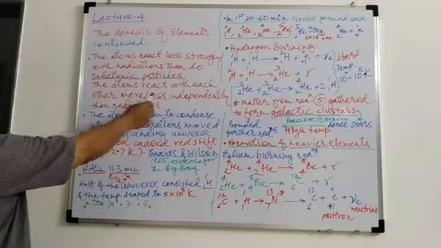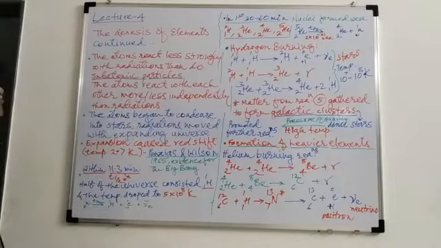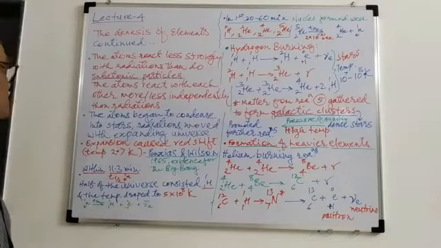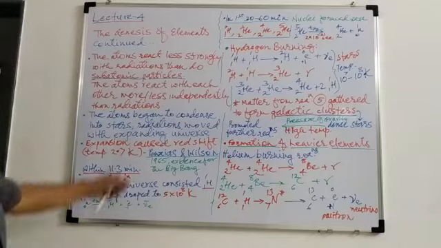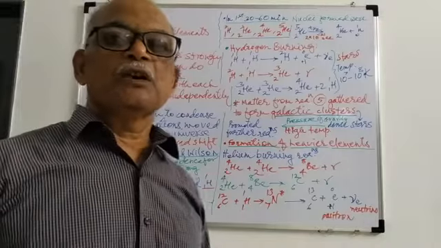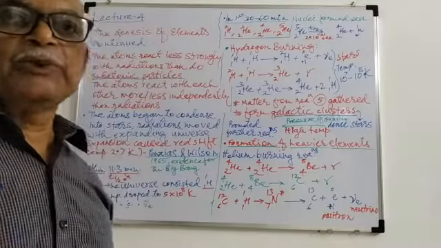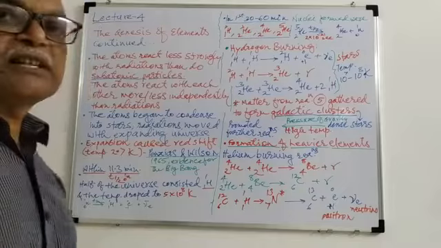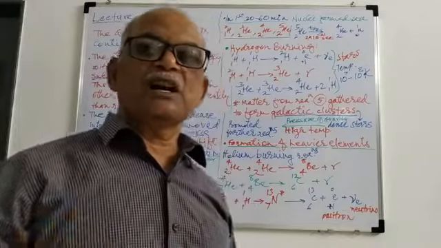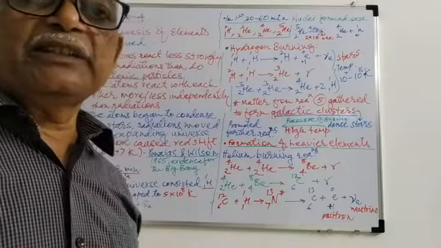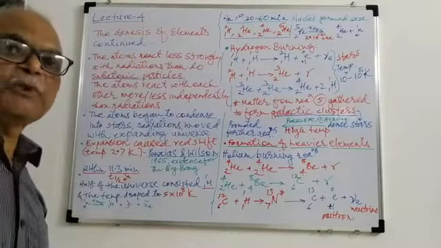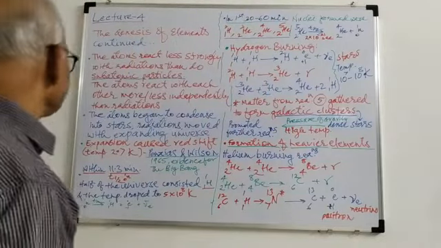These atoms react with each other more or less independently than radiations. So there is no interaction or less interaction of these atoms with the radiations, but they can undergo nuclear reactions, which produce the particles from which atoms are formed.